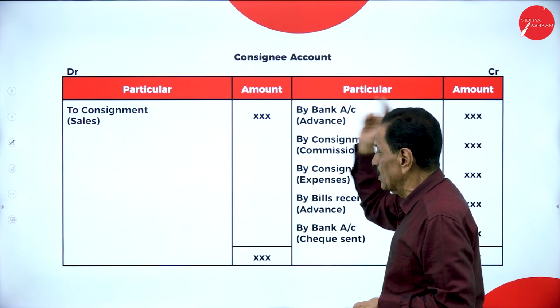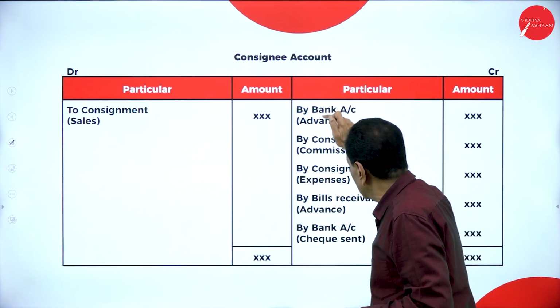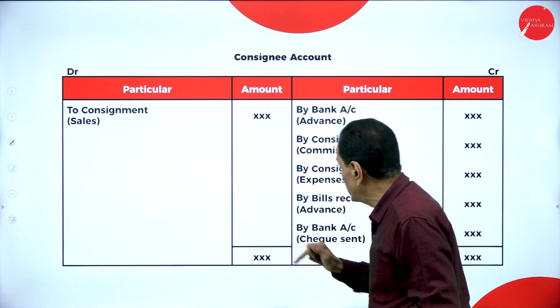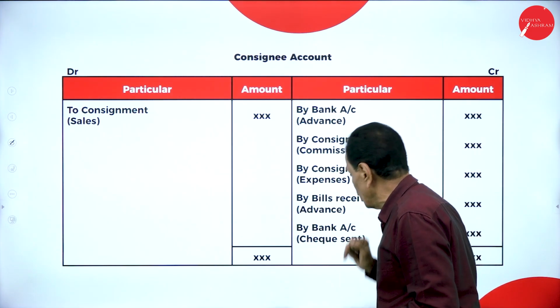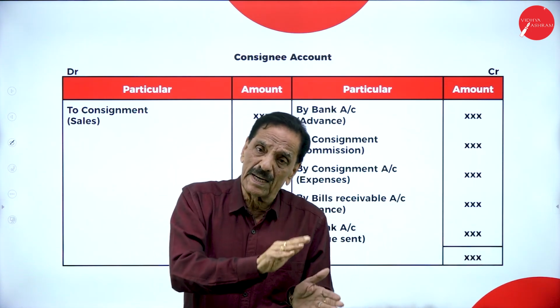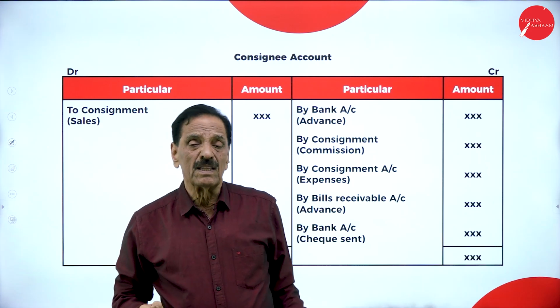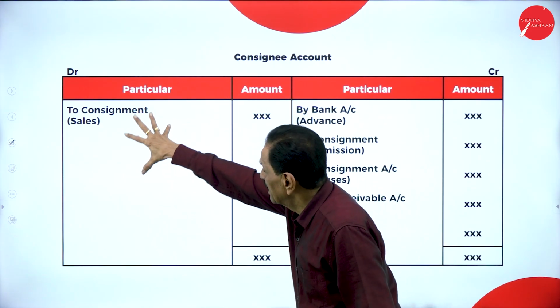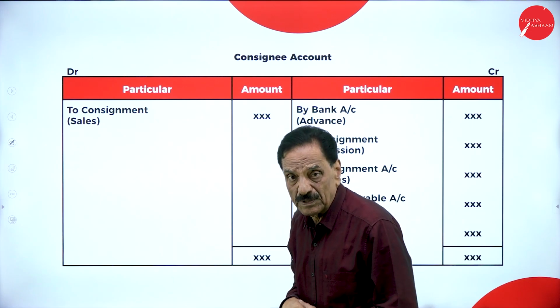Out of the amount, he deducts his advance. He deducts his commission. He deducts his expenditure. Whatever the difference comes, the difference will be sent by consignee to consignor in the form of a check or a draft. So when you make the sale, the amount lies with whom? Consignee.